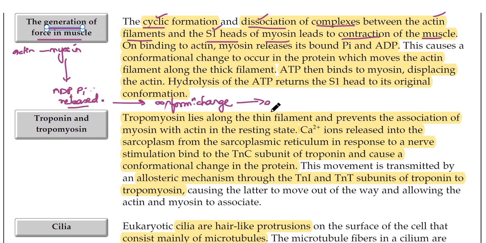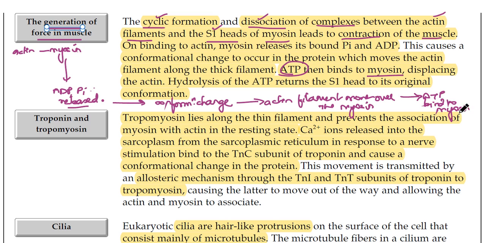After the conformational change, the actin filament slides over the myosin filament. Once this process is done, ATP will bind to myosin.